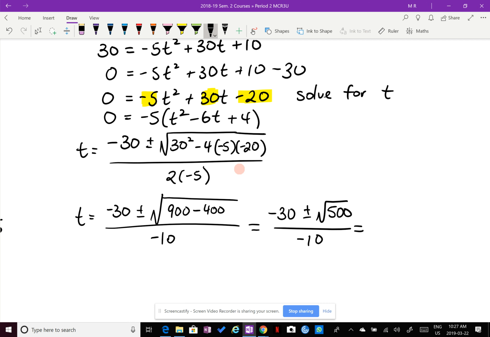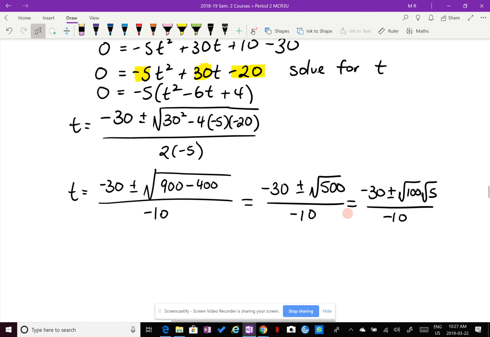Now that we've learned in the last chapter how to simplify radicals, you shouldn't really need to go to the calculator too much. You can simplify square root of 500 as so -30 plus or minus the square root of 100 times the square root of 5. And that's over -10.